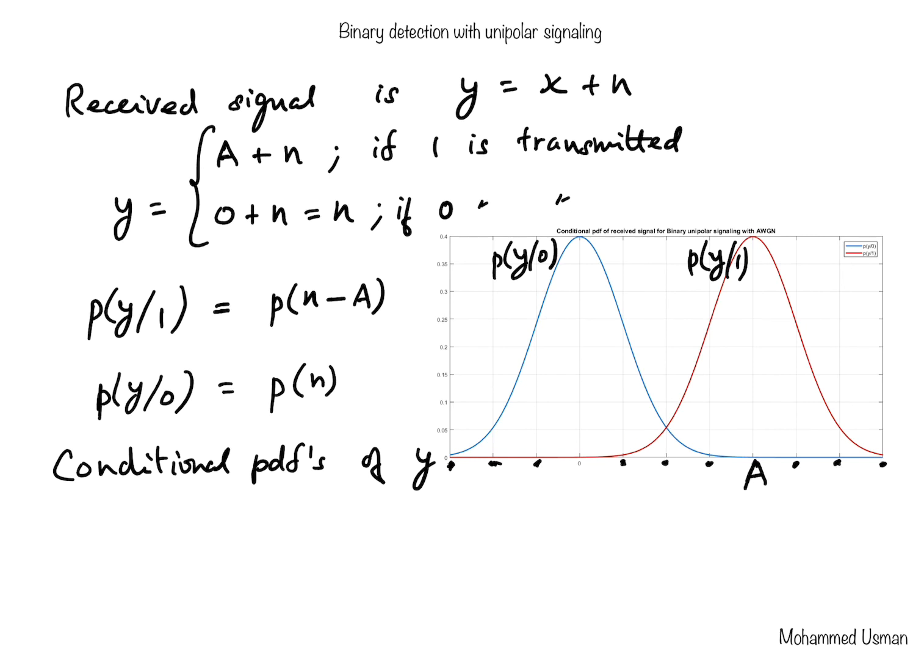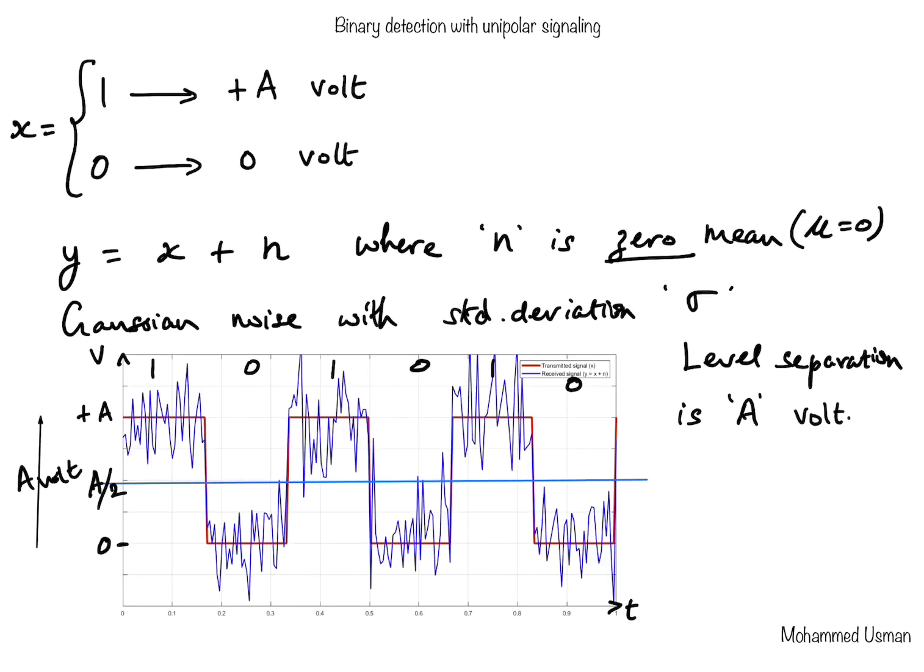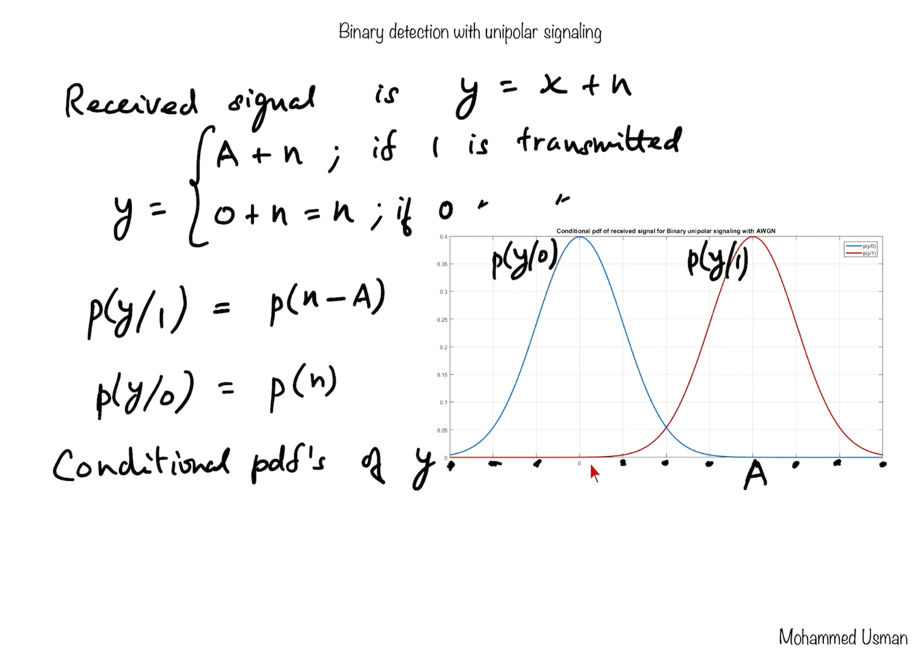Now, the threshold that we are going to use for making a decision is halfway between 0 and A, which is A by 2. In the case of PDFs, halfway between 0 and A comes exactly at the point of intersection.